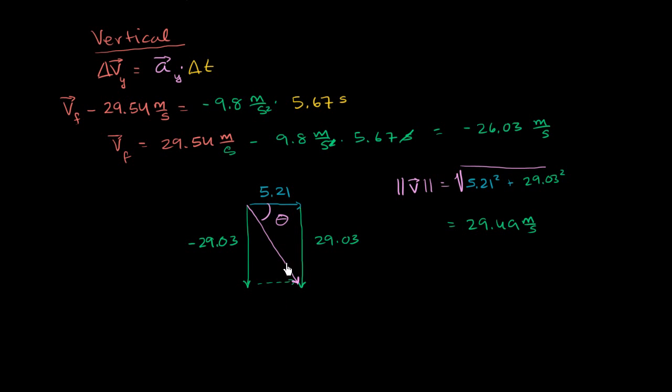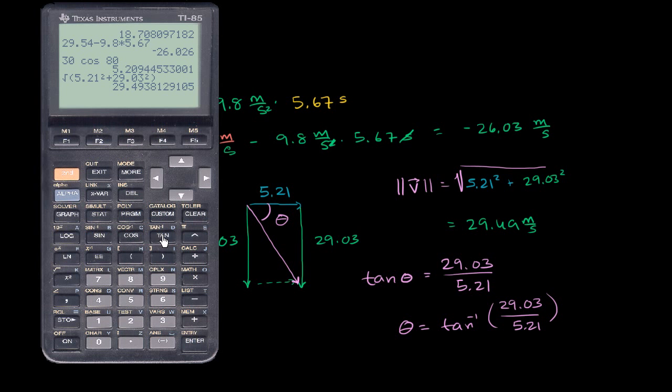If we view it as a positive angle, just in the traditional trigonometric way, we could use any of the trig functions. We could even use tangent. Let's use tangent. The tangent of the angle is equal to the opposite over the adjacent, which is 26.03 over 5.21. Or theta is equal to the inverse tangent, or arctangent, of 26.03 over 5.21.